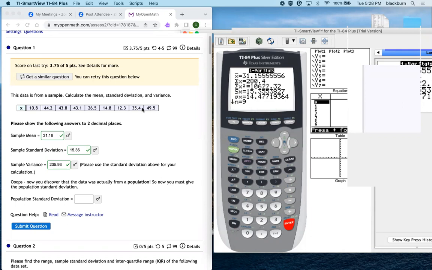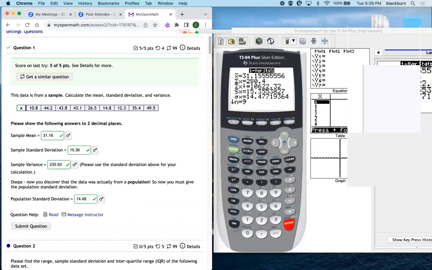So if this data set was taken from an entire population, that would be the standard deviation instead. 14.48. The sample standard deviation is going to be higher because it's assumed there could be more variance in a sample than there is in the whole population. So the population standard deviation will be lower.